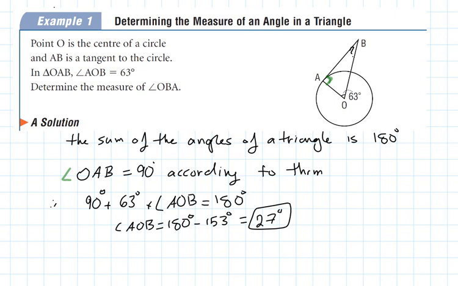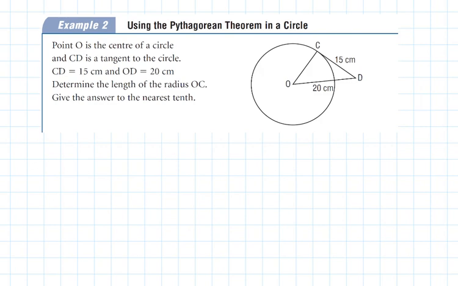Let's look at another one that you will see in this chapter, using the Pythagorean theorem in a circle. Hopefully you remember this from last year. You've done this. We'll go over it here as well. Point O is given to us in this drawing as the center of the circle, and CD is a tangent to the circle.